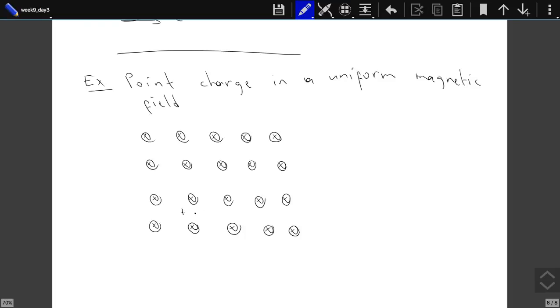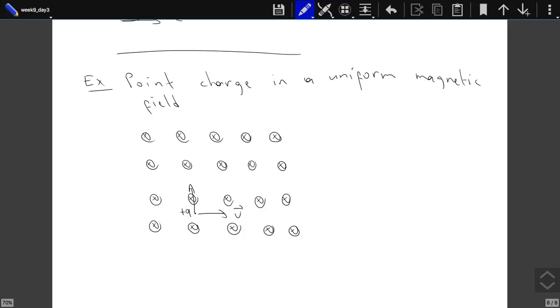Say we have a plus q charge moving in this direction with a velocity v. What is the direction of the force acting on this? Upward. So as the particle is moving, will its speed change? No. So it is moving with a constant speed. The force is always perpendicular to its velocity.